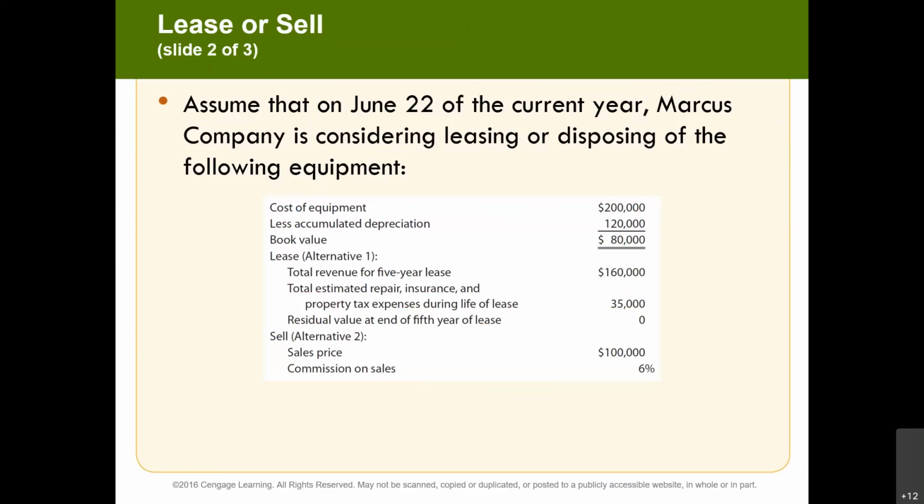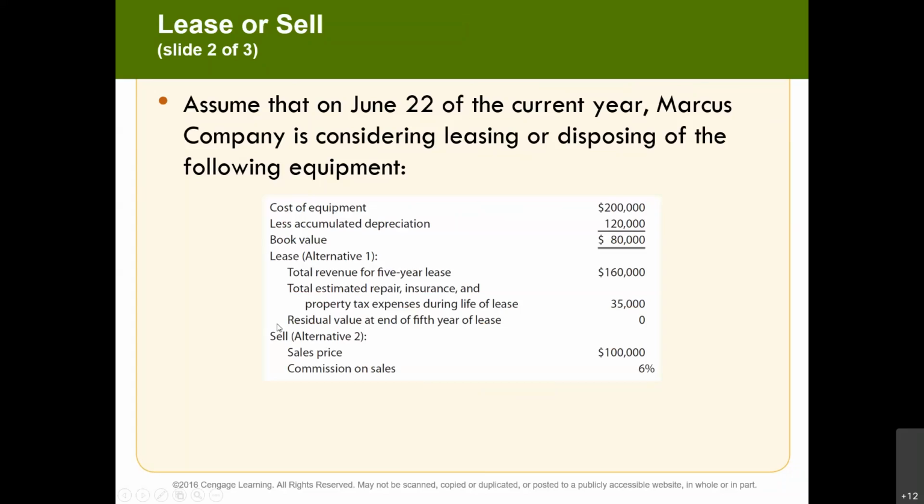In this example, we're looking at potential revenue of $160,000 and estimated expense of $35,000. The other alternative, of course, would be to sell the equipment, sales price of $100,000, and the commission on sales would be 6%.